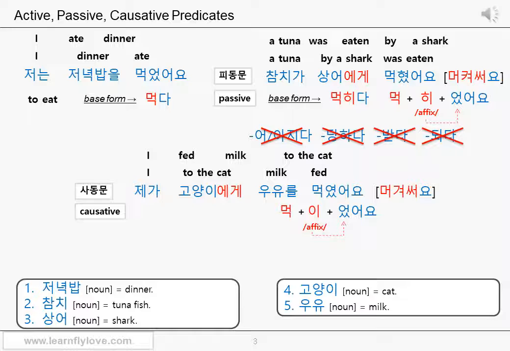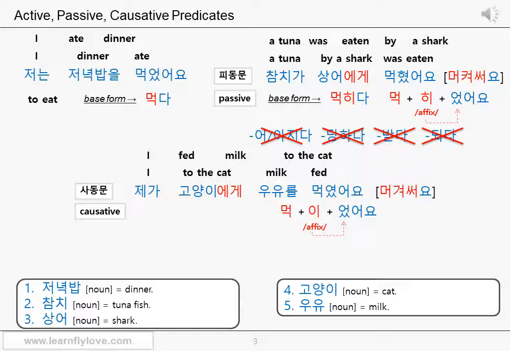The point is, you must add the affix 이 to the stem 먹 to make a causative form of this very verb 먹다. You cannot add other affixes, okay? I, 제가, to the cat, 고양이에게, milk, 우유를, fed, 먹였어요. 제가 고양이에게 우유를 먹였어요.